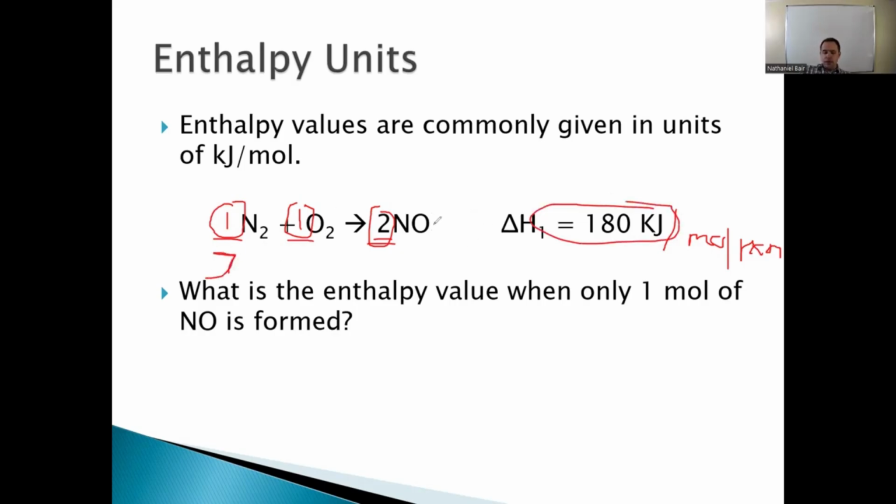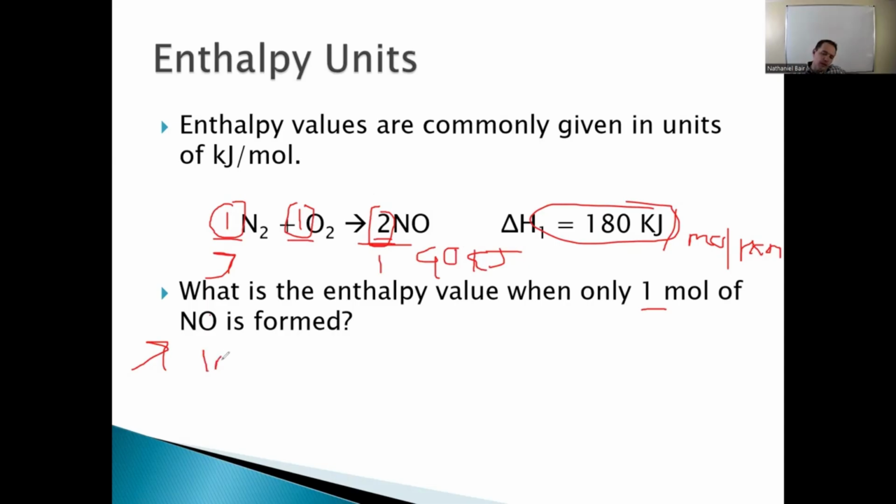Now, what if I only want to make 1 mole of NO? Well, this reaction right now is set up to make 2 moles of NO. So what if I only want to make half of that, 1 mole of NO? Well, then that would be 90 kilojoules of energy. Now, you could set this up using dimensional analysis. Here's how that would work.